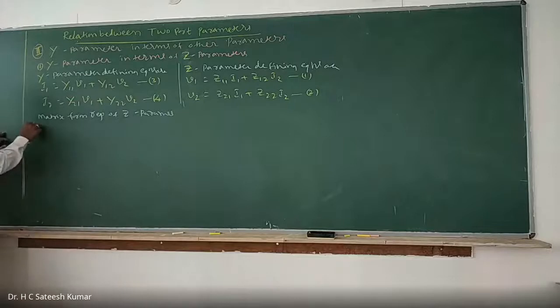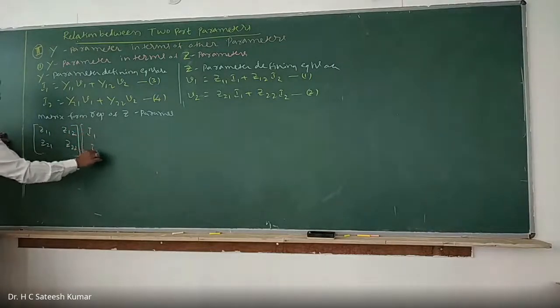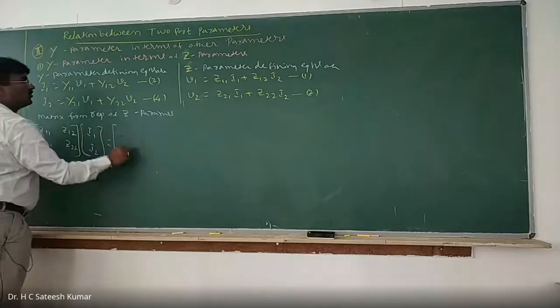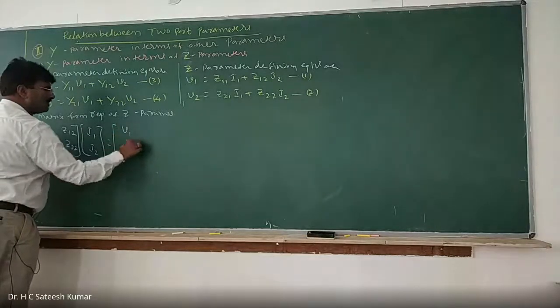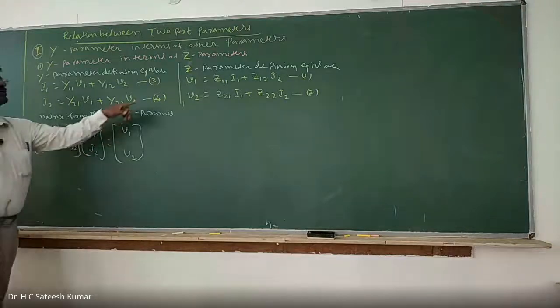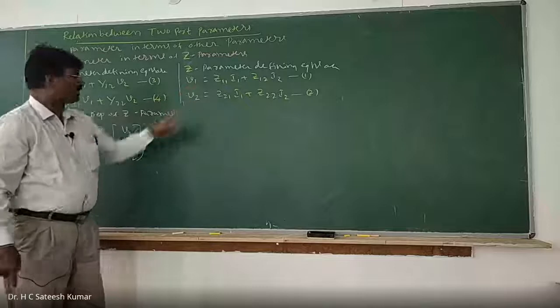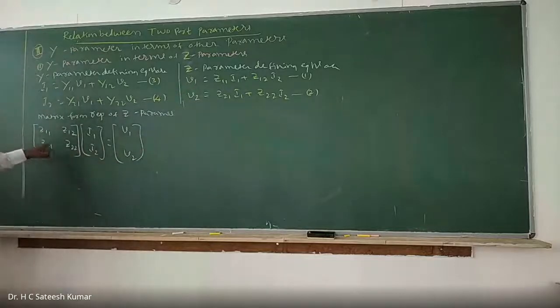Z11, Z12, Z21, Z22 multiplied by I1 and I2 is equal to V1 and V2. Okay, you can check it. Multiply these two, you will get that equation. Z11 into I1, first equation, Z12 into I2 is equal to V1. So I have written in the right hand side, right? V1 we can write.